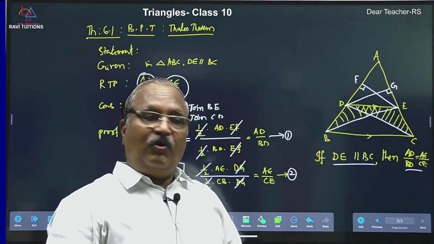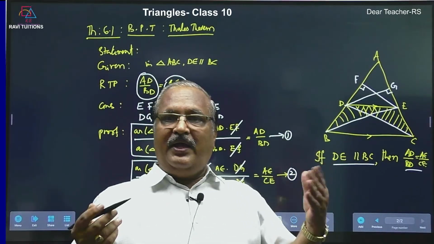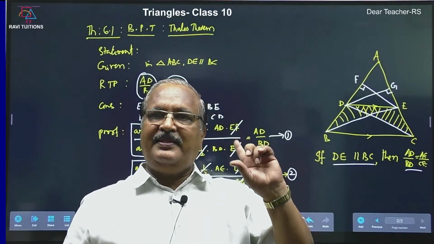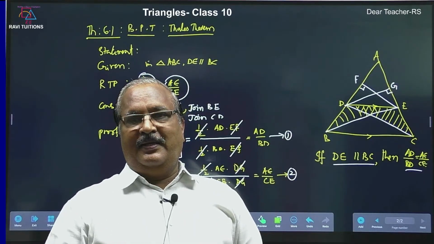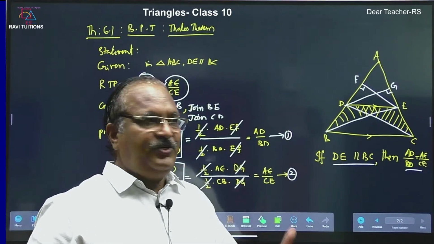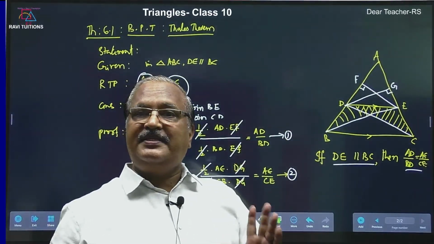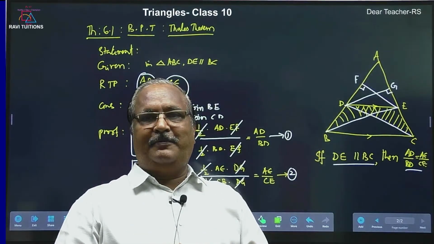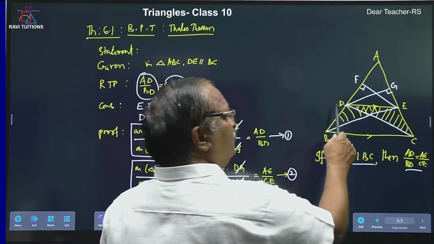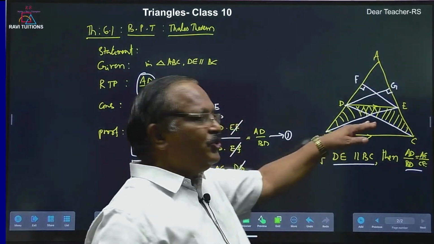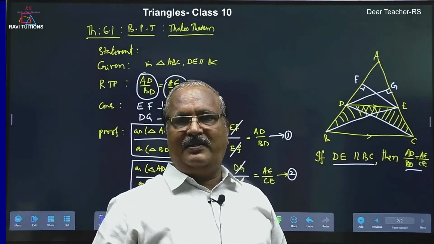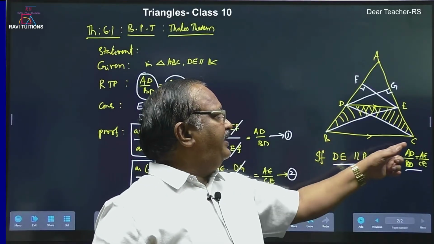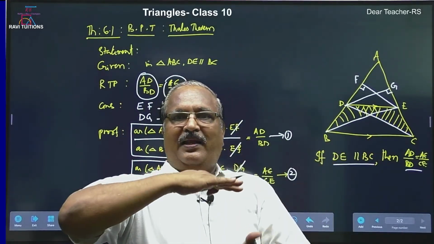How do we know whether they are equal? We have to recollect the 9th class theorem. That theorem I am going to tell you. Triangles on the same base between the same parallels are equal in area. Because these two lines are parallel and these two triangles are between two parallels. BDE, CDE are between two parallels.